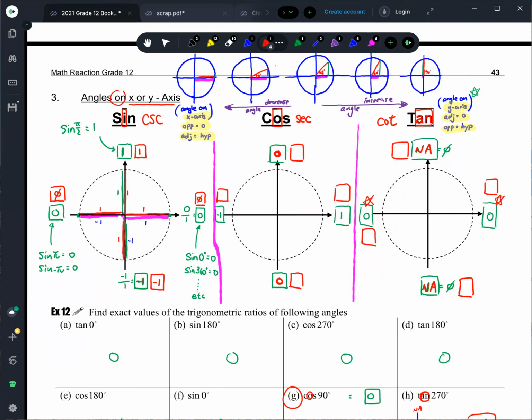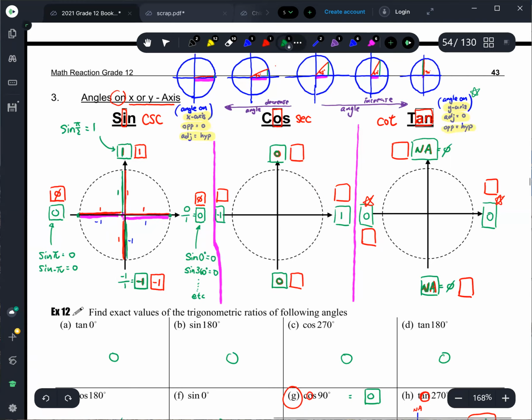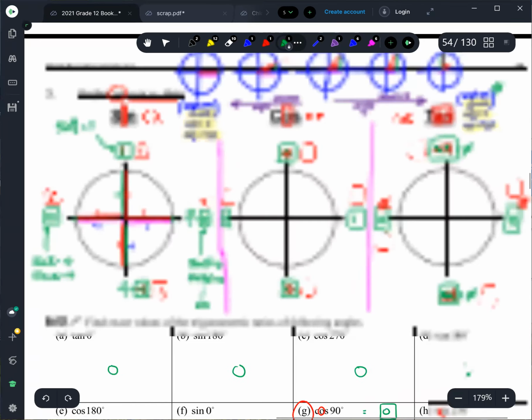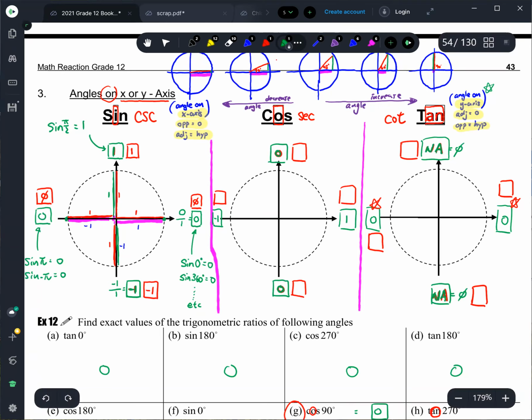You just reciprocal each of the green numbers. Okay, please raise your hand if you finish the two pictures.